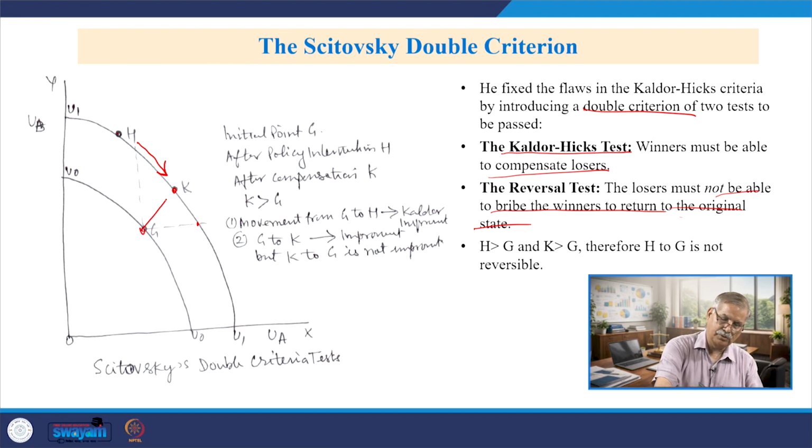So G to K is the improvement of A, but when the reverse is taken, say K to G, it is not an improvement, and that satisfies the Scitovsky double criteria. That happens when we assume that after intervention in terms of policy, overall welfare of the society increases and the welfare function shifts upward.